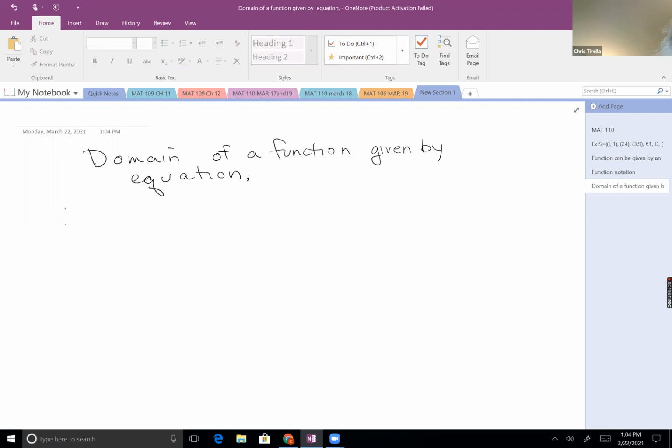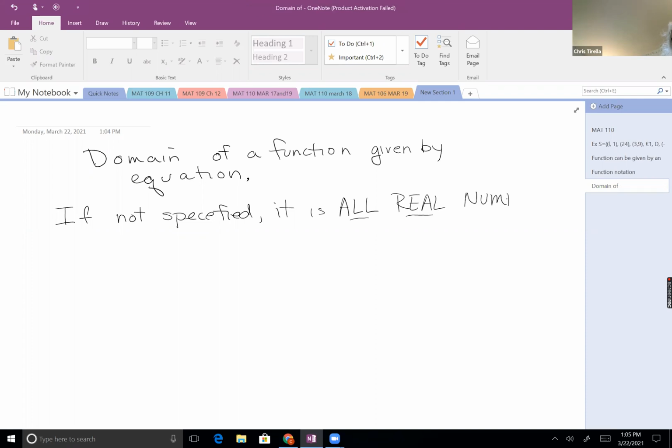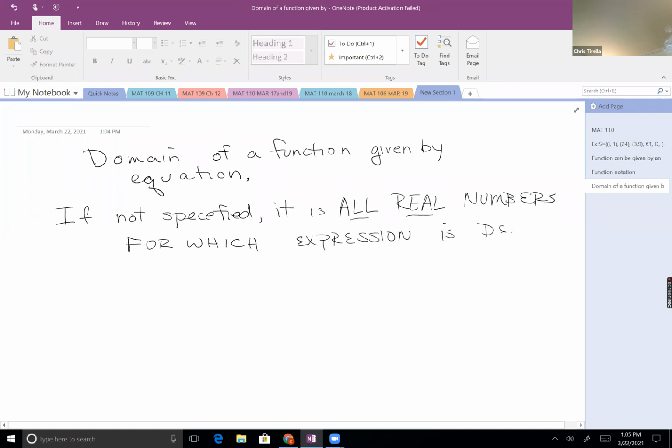But if they don't tell us, if it's not specified, it's going to be all real numbers for which the expression is defined.